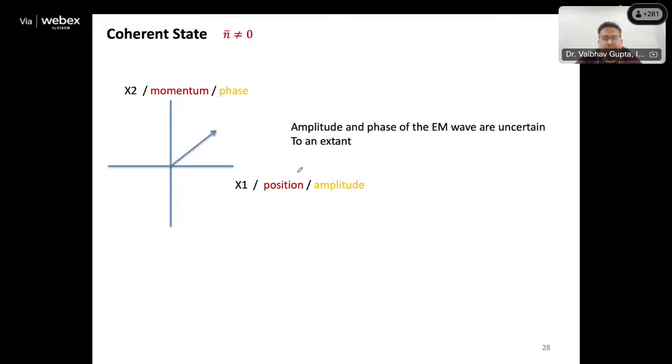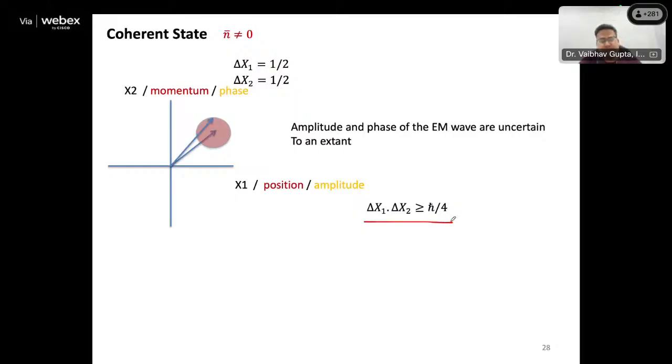So suppose an electromagnetic wave is there, and this is the phasor for the amplitude. Now the problem is that there is always uncertainty, so you can also make one more like this. You cannot measure very precisely, because if the amplitude is measured precisely, the phase is not properly measured. So phase can be anything, and because of that you have this kind of uncertainty.